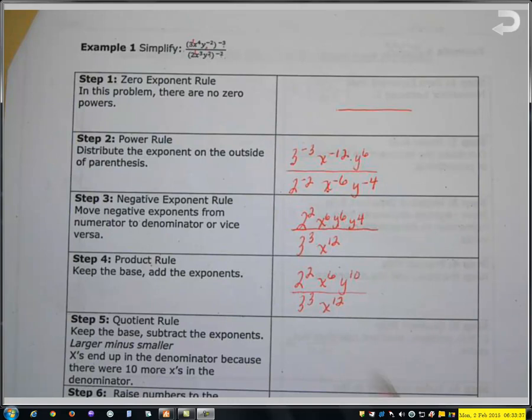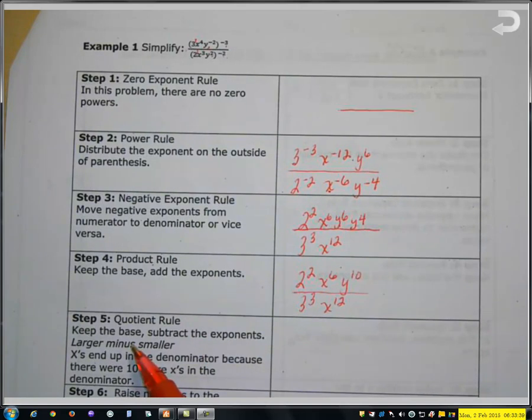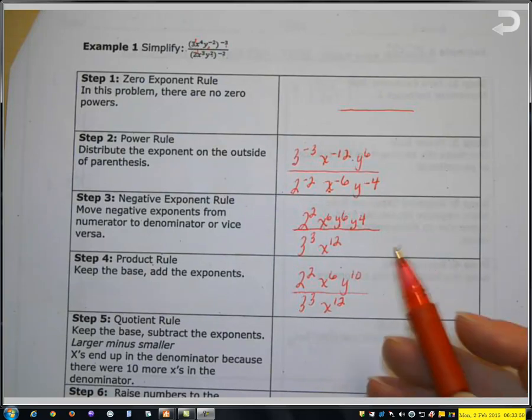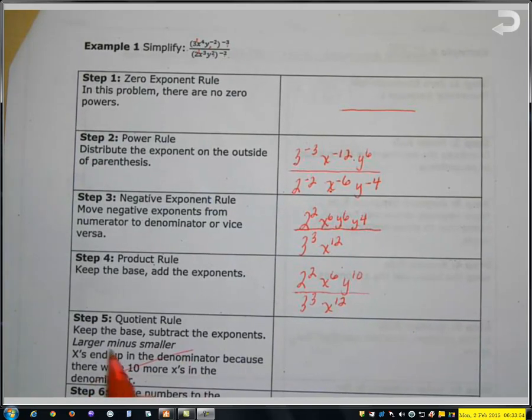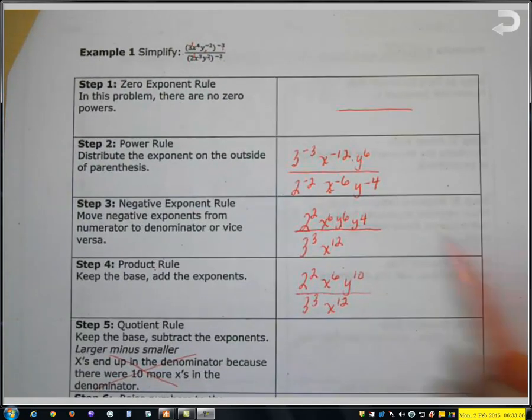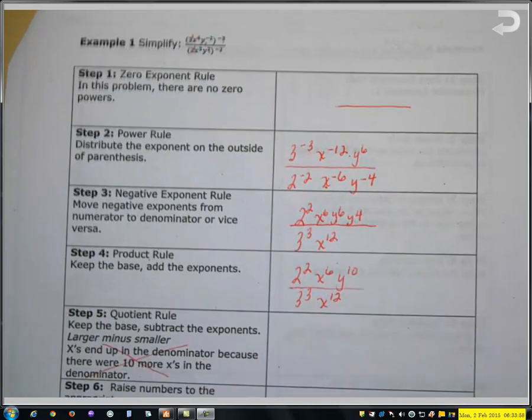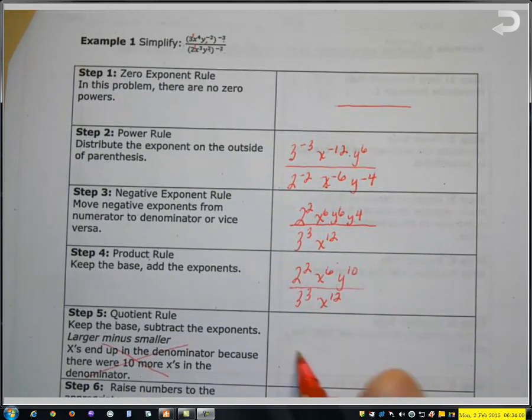Quotient rule. For like bases, we keep the base and subtract the exponents. We do larger minus the smaller. We've got x's in both the numerator and the denominator.